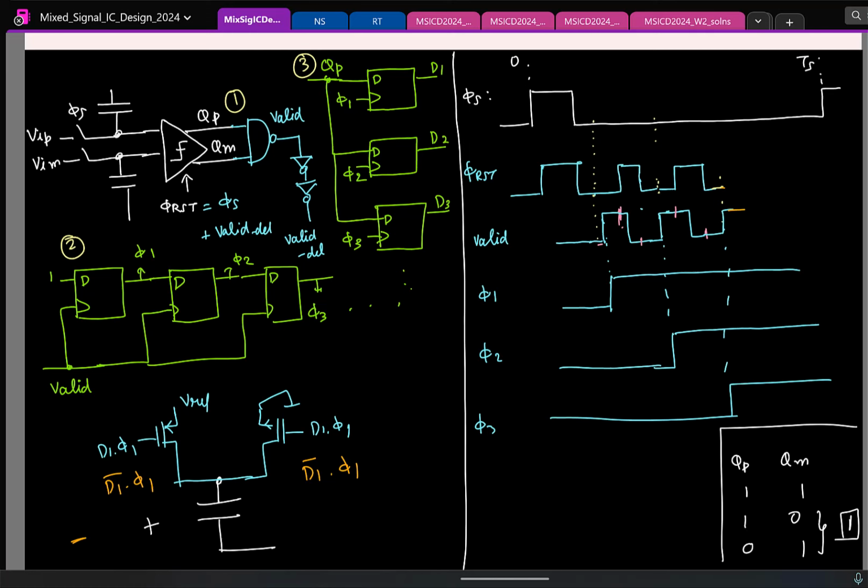Which signal here marks the end of the last conversion? Phi 3. So to reset it, I'll basically add phi 3, or in general the last clock. So this is the reason why we have to do this. If you do it the other way, you are right, it will work, but the comparator will still keep running, so you have to figure out some other way. We have to have some marker that says when my last comparison is done, and that is obtained in a clean way with these clocks.